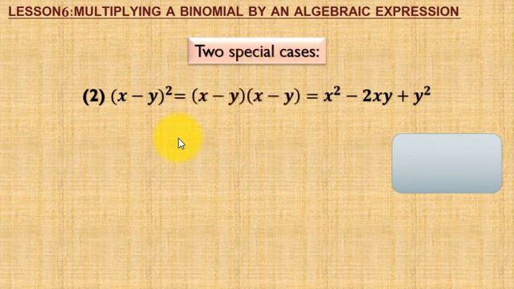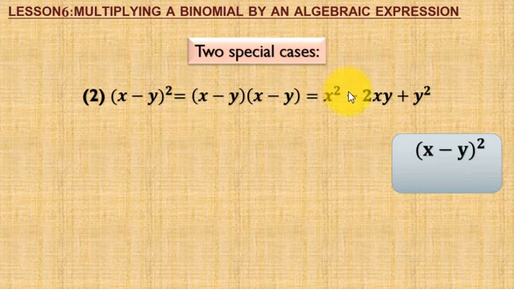The second special case is (x minus y) all power 2, which is (x minus y) times (x minus y), equals x power 2 minus 2xy plus y power 2. Pay attention to the middle term sign here.